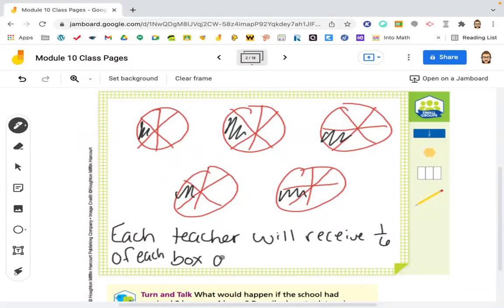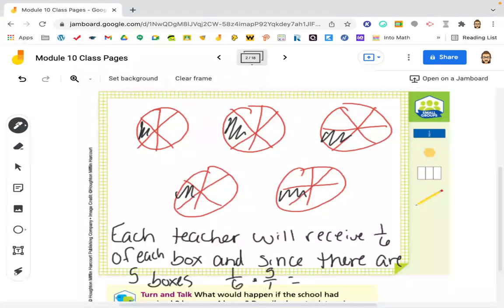And since there are 5 boxes, 1/6 times 5 over 1 equals 5/6 of a box.